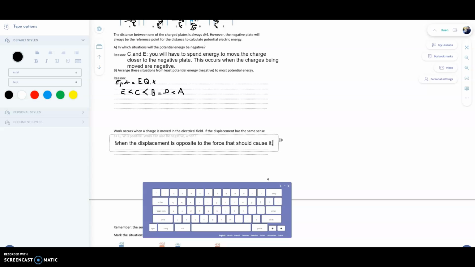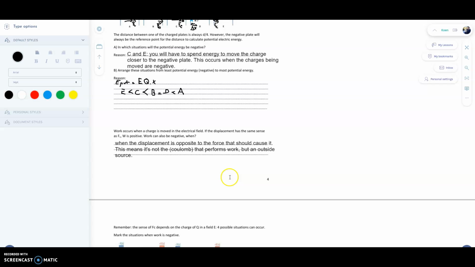This means it's not the force, in this case the Coulomb force, that performs work, but an outside source that performs it. You can't rely on the Coulomb force to bring it closer to the negative plate. Never going to happen, just like gravity is not going to make a ball float upwards. Okay?